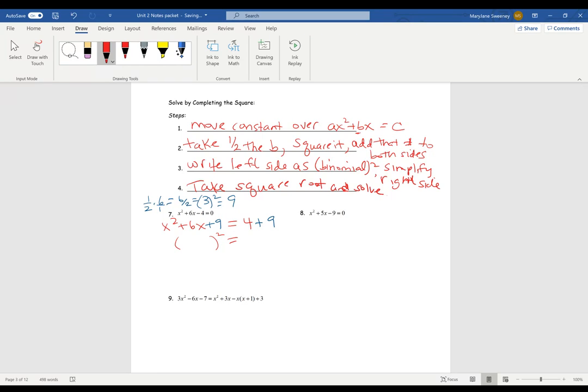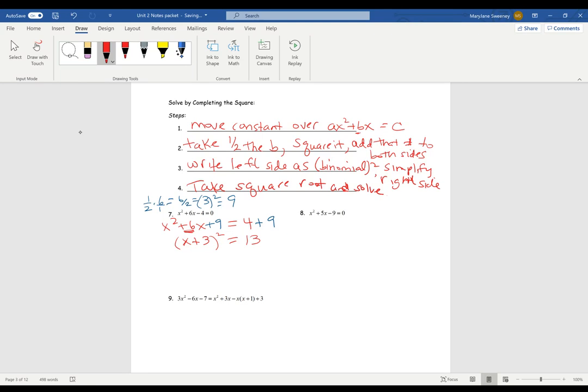Notice the left-hand side is something we were just factoring in the last unit, which is called a perfect square trinomial. We said a perfect square trinomial can be written as a binomial squared. The trick to getting that is you always put half the b inside the parentheses. So the b was a +6, we're putting a +3. Simplify the right side. That's what it says up here for step 3.